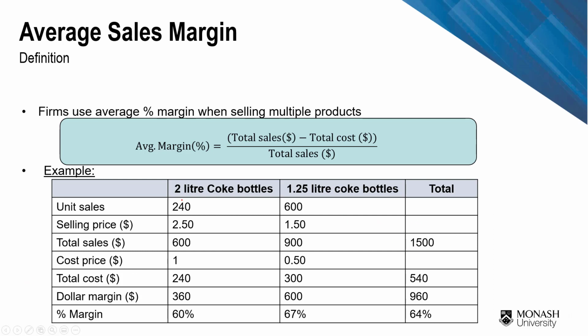The total cost of the Coke, which is that plus that, will be 540, divided by total sales. So the average margin is going to be 1,500 minus 540, okay, divided by the sales, 1,500. So this will give you 64%.